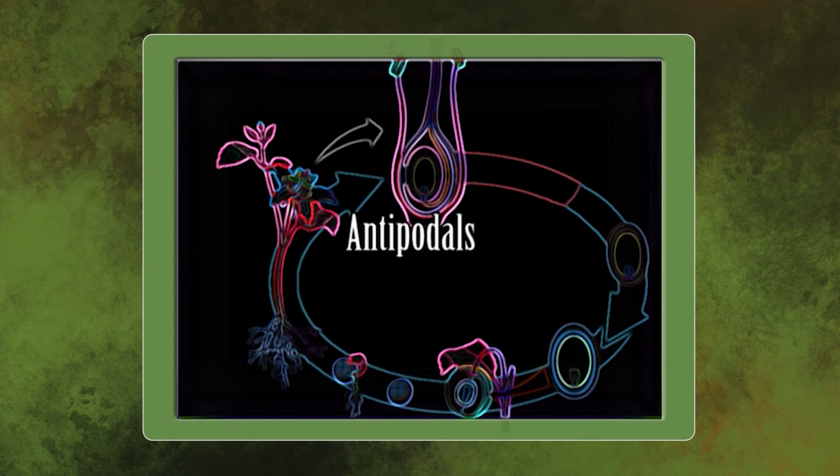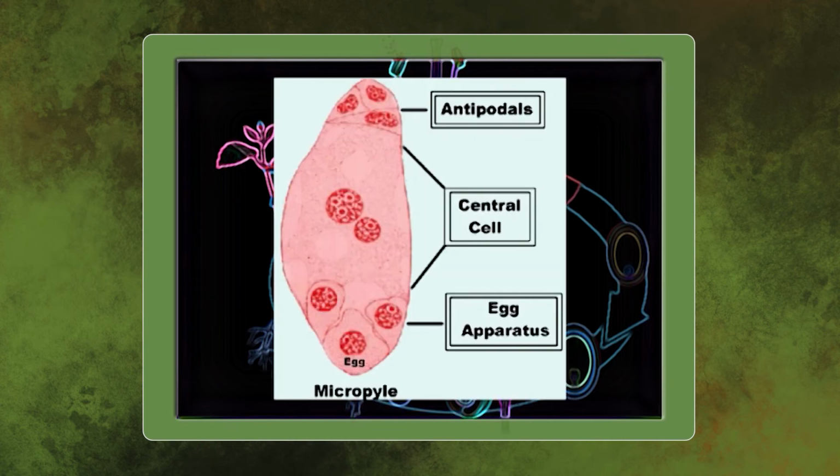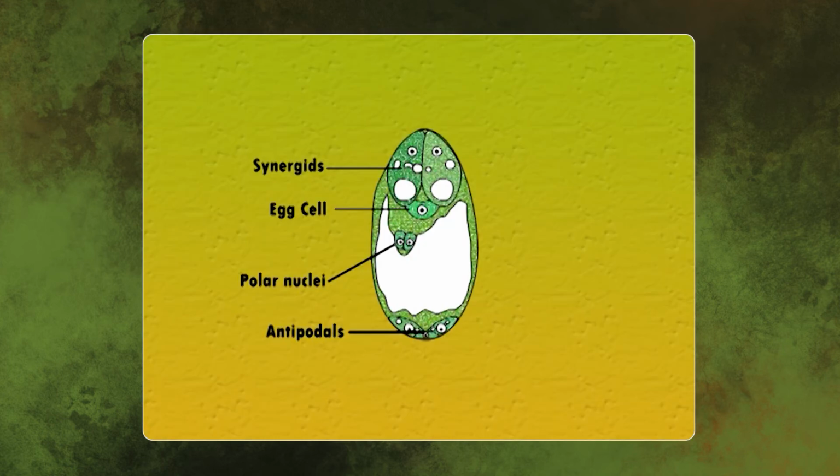Antipodals. The antipodals degenerate before or soon after fertilization. In many plants, the antipodals are persistent and show some structural and cytological features suggesting their possible role in the nutrition of the embryo sac. Three main functions have been ascribed to antipodals.